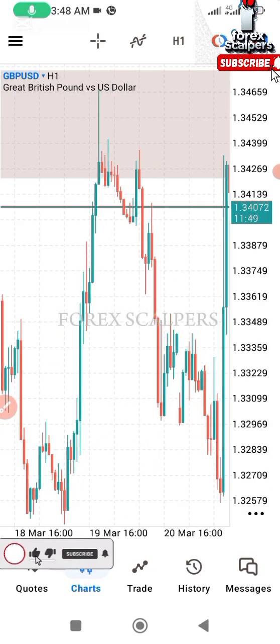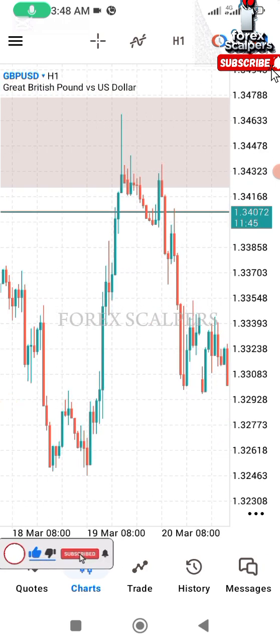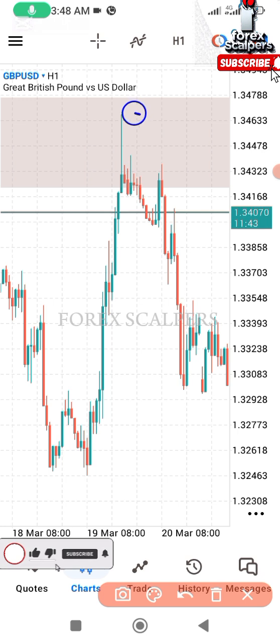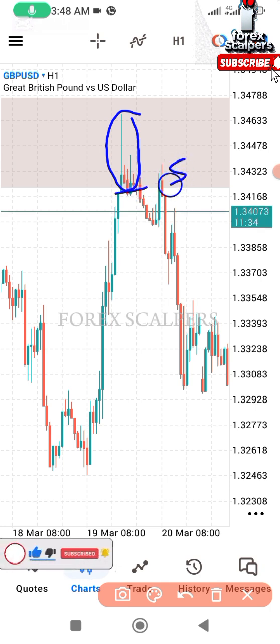So look at what happened. Beautifully well. This is 1 hour. So when price came into this zone, what do you see? Price gave us a bearish hammer or a pin bar. So that pin bar here that you are seeing becomes your sell entry.